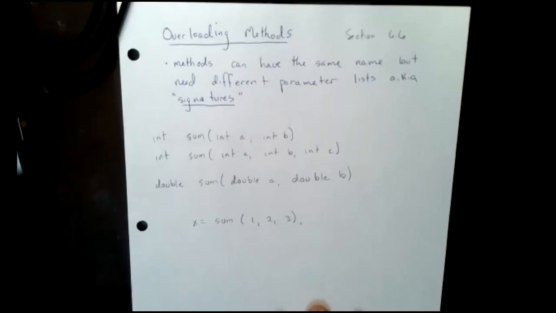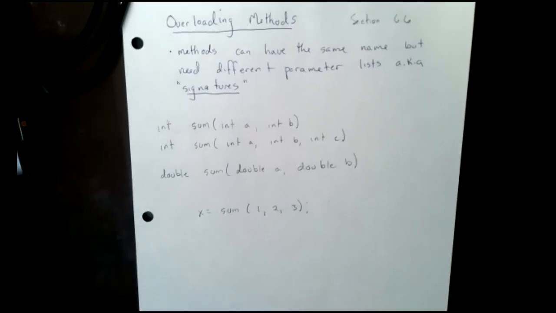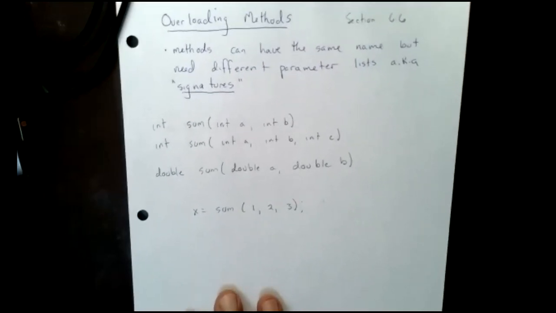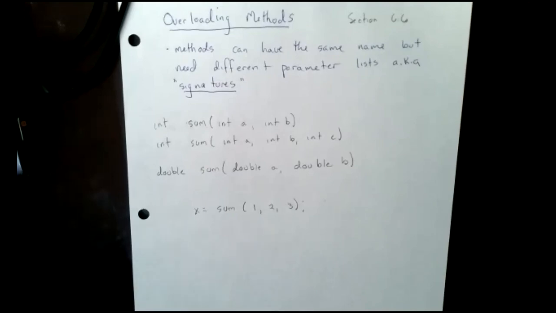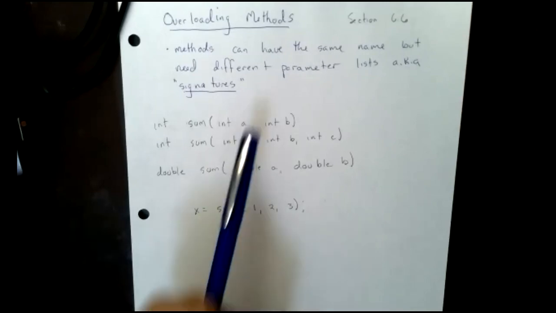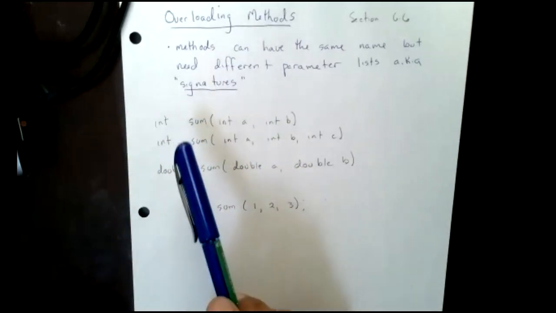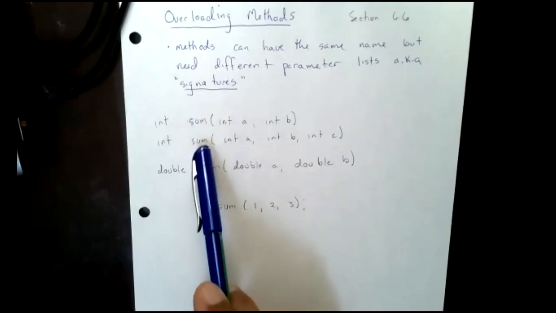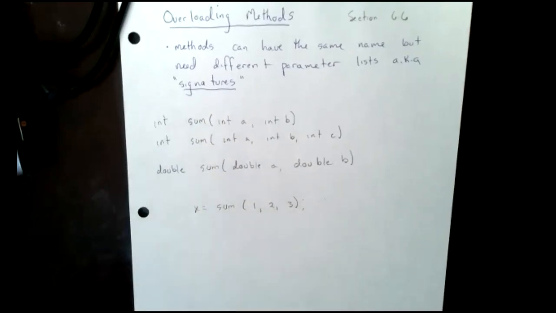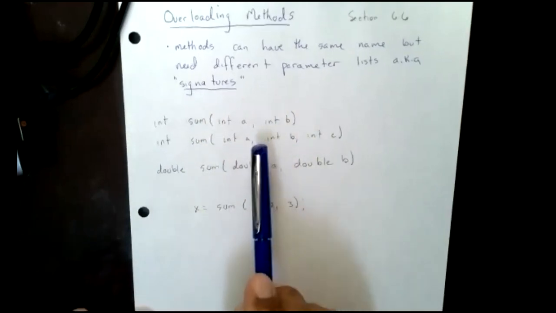Okay, then I had you watch a video on section 6.6. Again, we're taking that idea of overloading, but we're not going to use it for constructors; this time we're going to use it for methods. I can have methods that have the same name, sum, but different signatures.